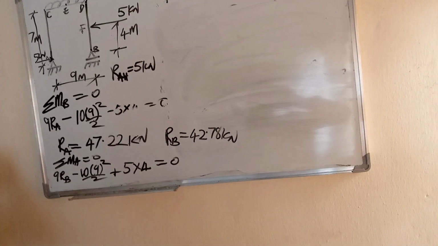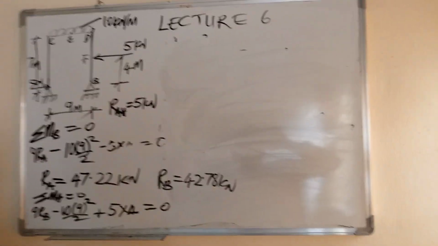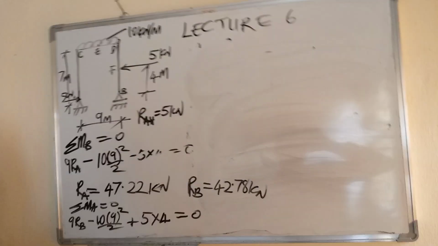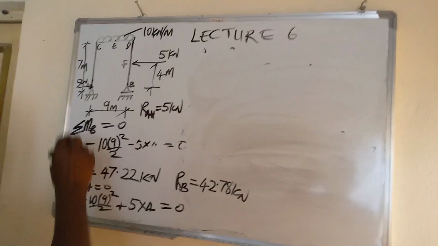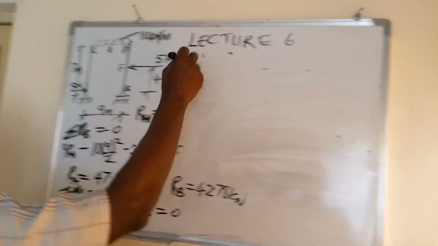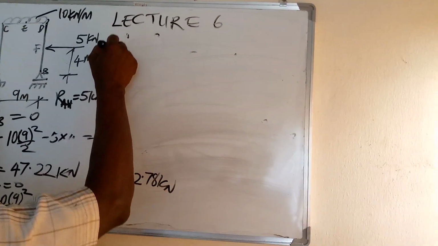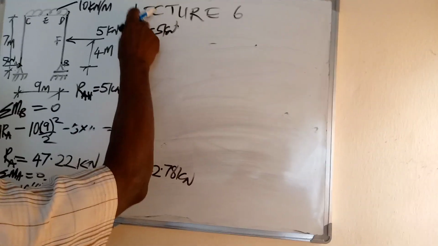So along AC, the shear force is minus 5 kilonewton. The shear force at A is equal to minus 5 kilonewton up to C.